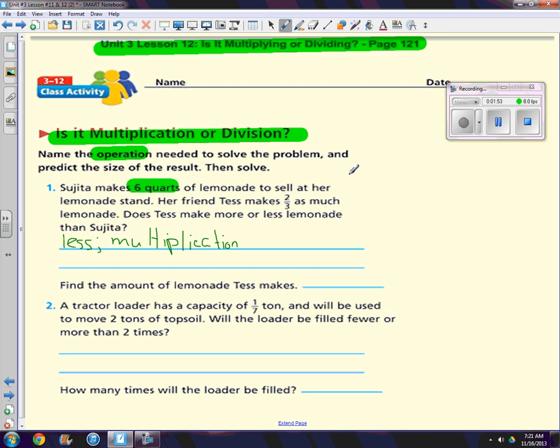So then it says predict the size of results. Well, it's going to be less. 2/3 is almost a whole, so it's going to be almost 6 quarts. So we could say something like 5 quarts.